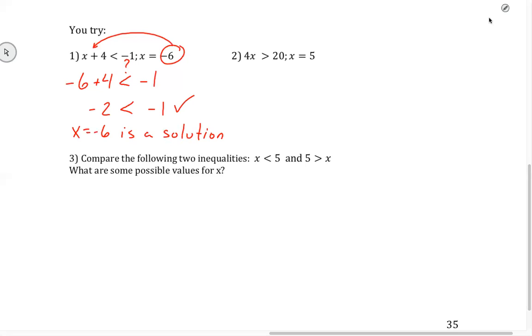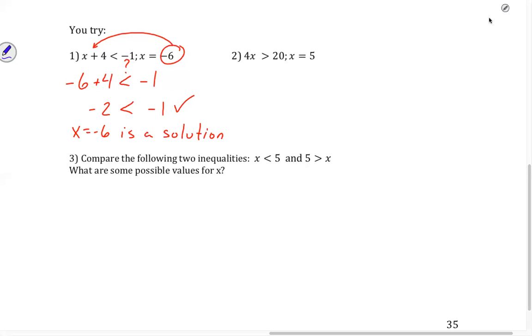Mackenzie, what'd you get for number 2? X equals 5 is not a solution.